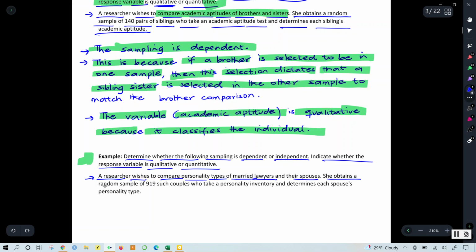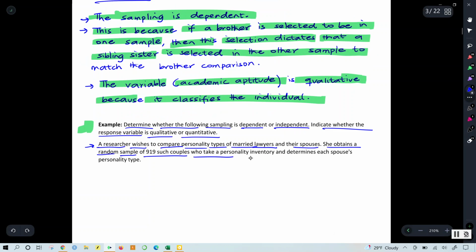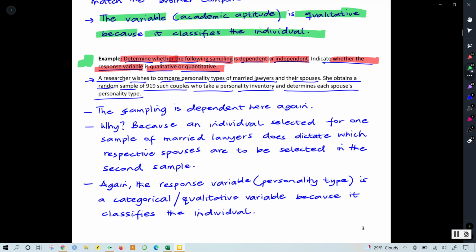So she obtains a random sample of 919 such couples who take a personality inventory and determines each spouse's personality type. Remember, our goal is to determine whether the following sampling is dependent or independent and to further indicate whether the response variable is qualitative or quantitative.